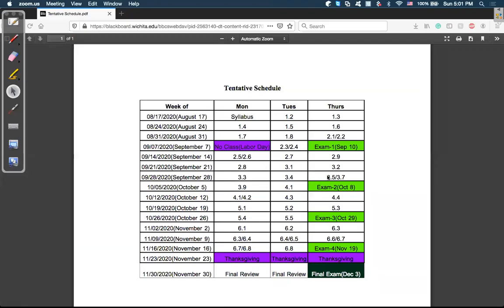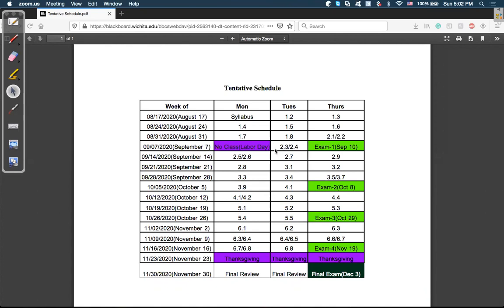If you see the schedule, we are right here. This is Monday lecture, September 28. Our next exam is going to be next week, Thursday. For the next exam, I will be covering 2.3, 2.4. I didn't include this section for exam 1, so I'm going to include this section as well for exam 2.